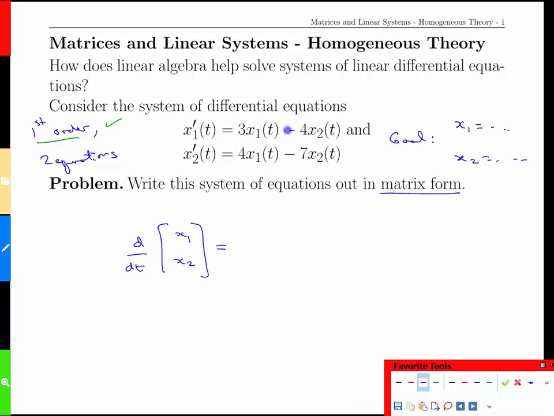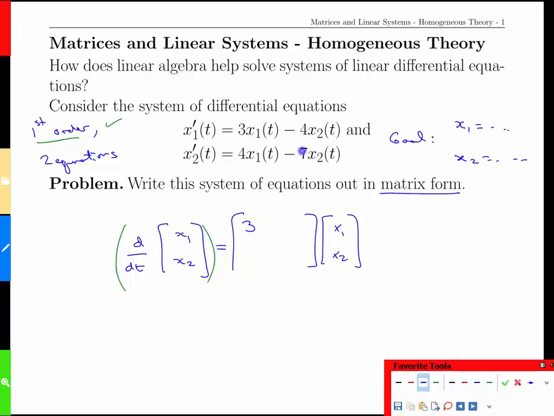Well, we just take a look at our right hand side and rewrite it with the unknowns as a column vector here. So we see x1, x2, x1, x2. The difference is on the left hand side we're taking the derivative of those two functions. On the right hand side there are no derivatives, so we can simply write the coefficients down.